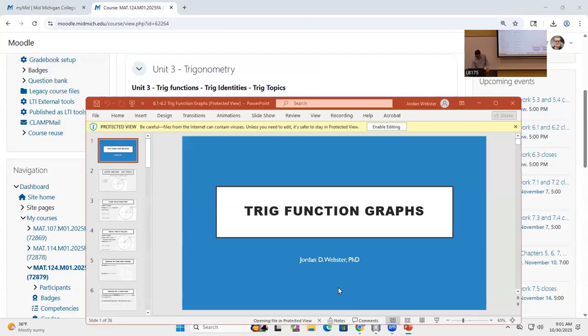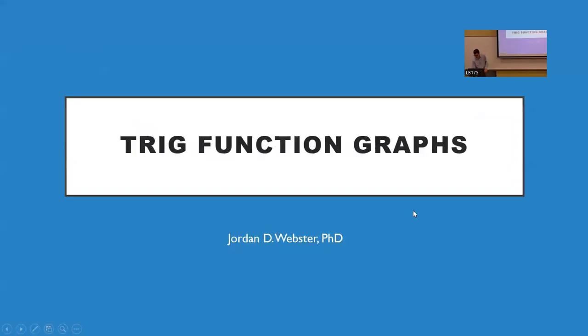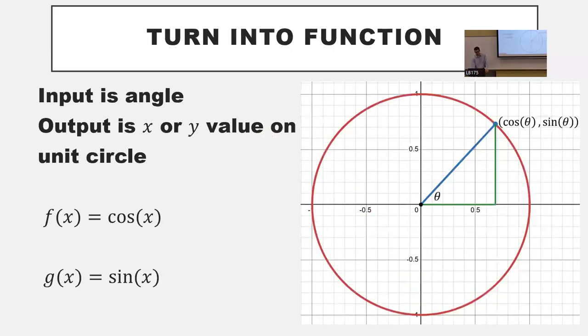So we were most of the way into 6.1 and 6.2. We were actually done with section 6.1 and starting section 6.2 of the book. We dealt with the cosine and sine functions.